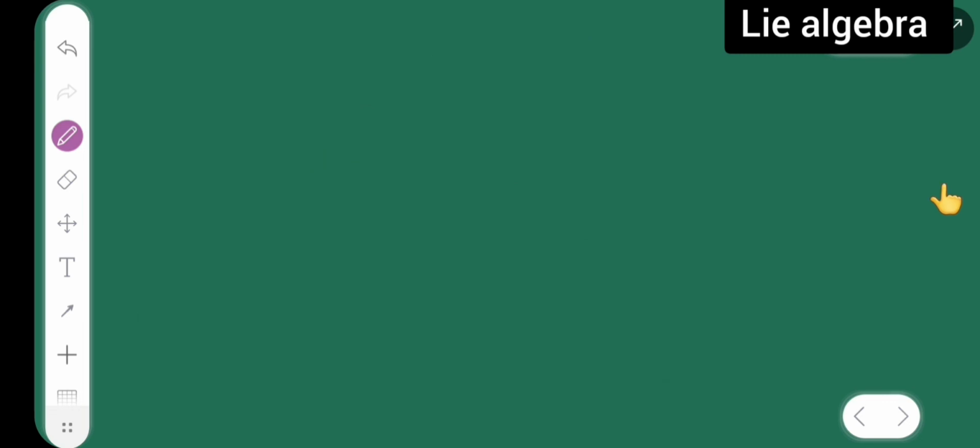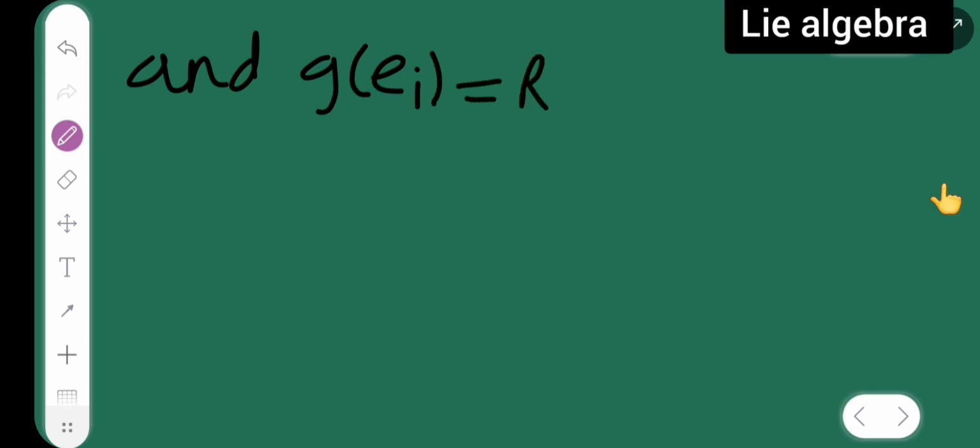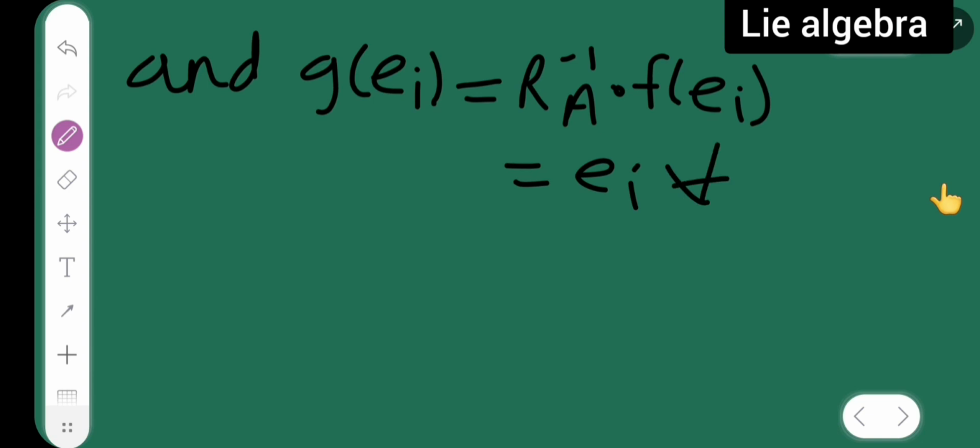And g of e_i is equal to R_A inverse of f of e_i, which is nothing but e_i, for all i equal to 1, 2 up to n.